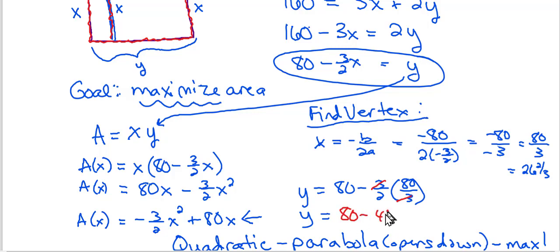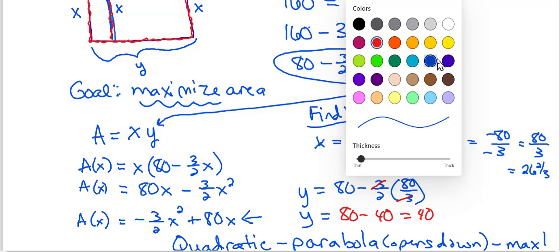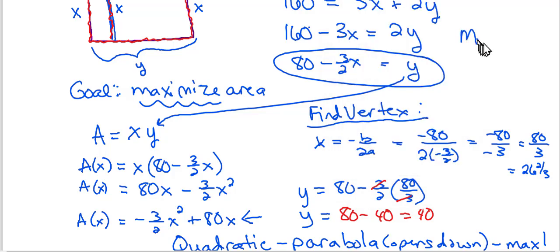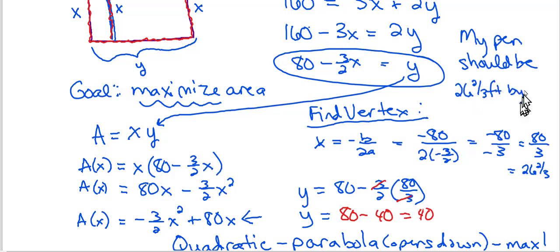So I have 80 minus 40, or 40. So let's come up to this space. My pen should be 26 2/3 feet by 40 feet.